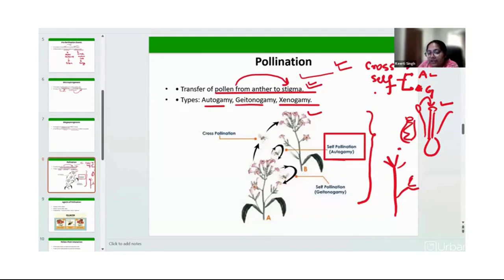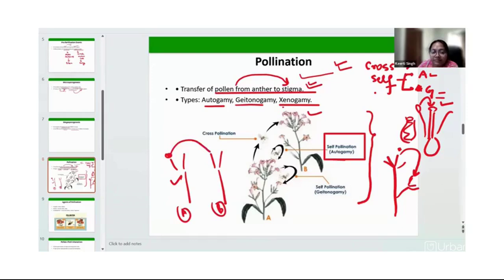So this anther will go and fertilize the another stigma of the same plant. This is known as geitonogamy. And xenogamy is nothing but cross fertilization. It means there are two plants. So the anther of this flower of this plant will go and land on the stigma of the other plant.